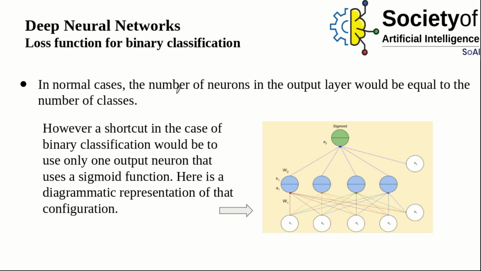In normal cases, the number of neurons in the output layer would be equal to the number of classes. However, a shortcut in the case of binary classification is to use only one output neuron that uses a sigmoid function. Here is a diagrammatic representation of the configuration.